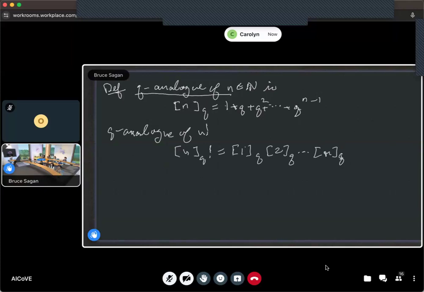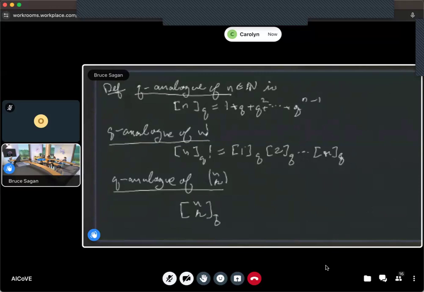And then finally, the q-analog of the binomial coefficient, sometimes called a q-binomial coefficient or Gaussian polynomial. You just take the normal expression that you would get in terms of factorials and you q-ify everything.